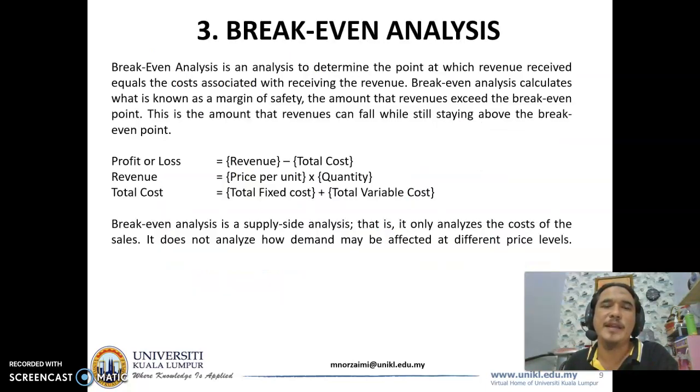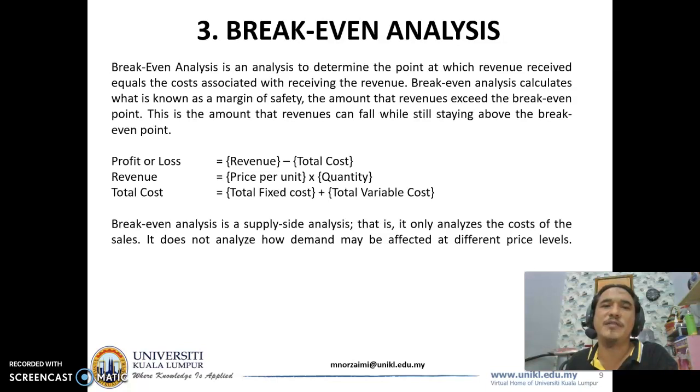Okay. Then the third subchapter in this chapter 1 is the break-even analysis. Break-even analysis is to determine the point at which revenue received equals the costs associated with receiving the revenue. Break-even calculates what is known as the margin of safety, the amount by which revenue exceeds the break-even point.